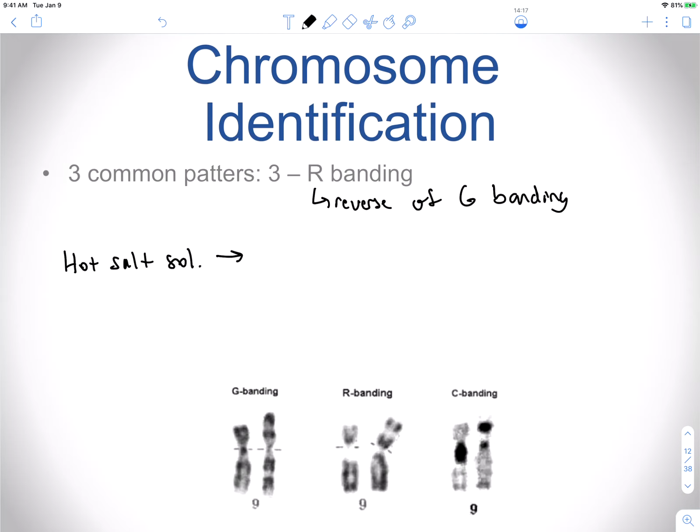After that, this is going to cause denaturation, and then you can stain. In this case, you're going to denature the AT regions, and so you're going to get the reverse staining pattern, where the dark will be the GC and the light will be the AT.